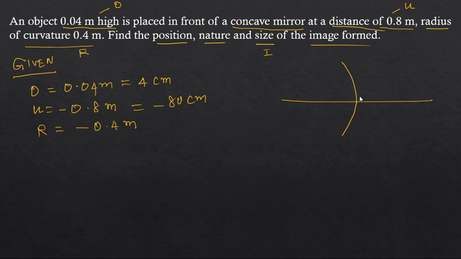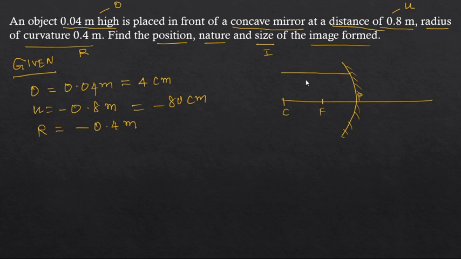This is the principal axis, this is the pole, and you know this is F and this is C. So this is focal point and this is C, but we do not know whether the focal point lies between C and F, or beyond the center of curvature. Anyway, let us draw a rough diagram, and this is the non-reflecting surface and this is the principal axis, and here the light falls like this.